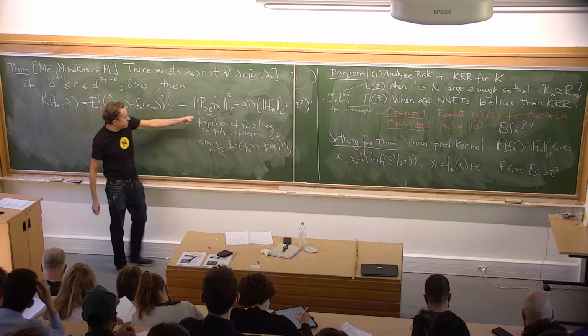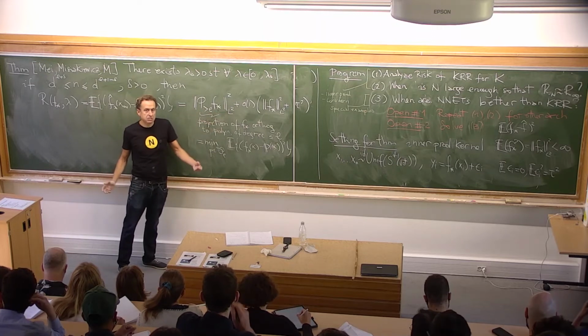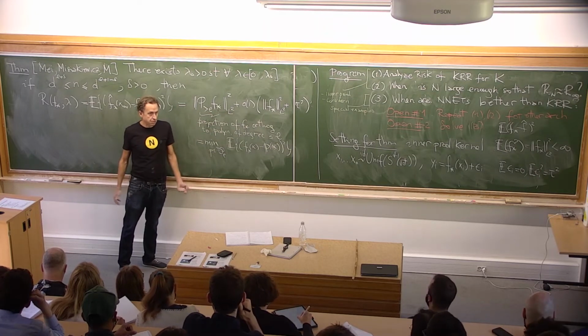So this is the optimal error that you can achieve by approximating f star with a polynomial of degree L.